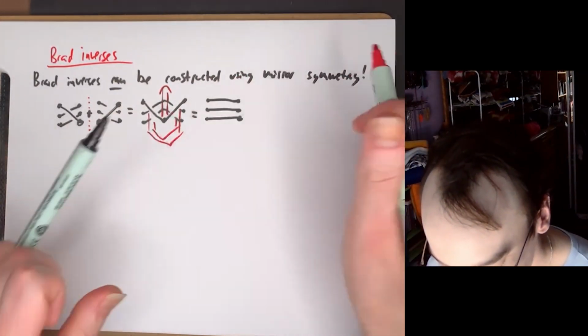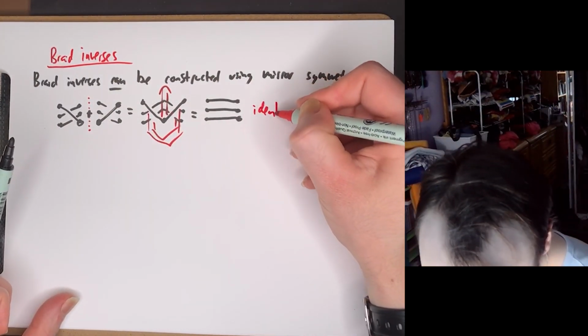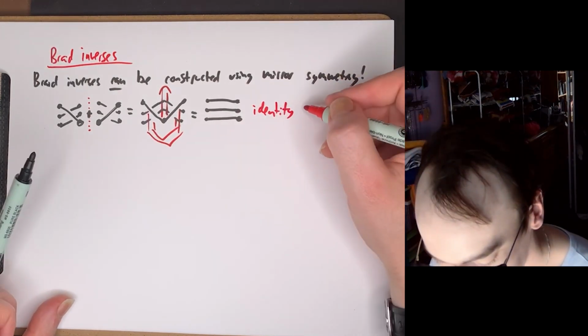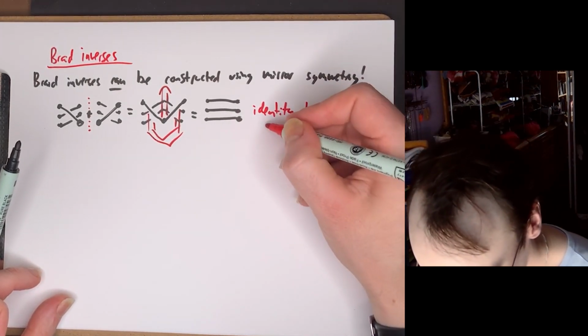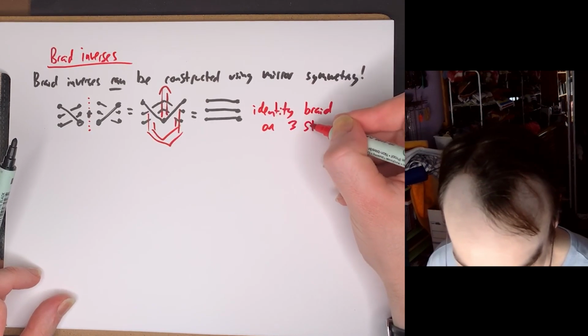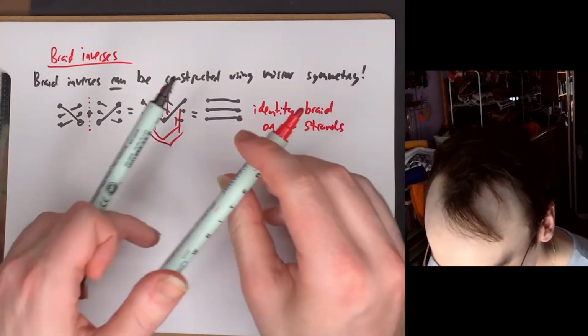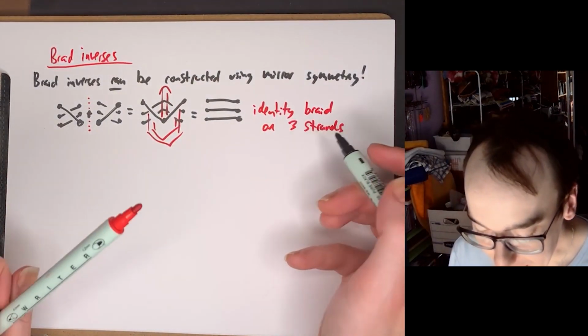an identity braid. So this braid, which we've seen several times now, is called the identity braid. And this is technically the identity braid on 3 strands. The identity braid can be on any number of strands.